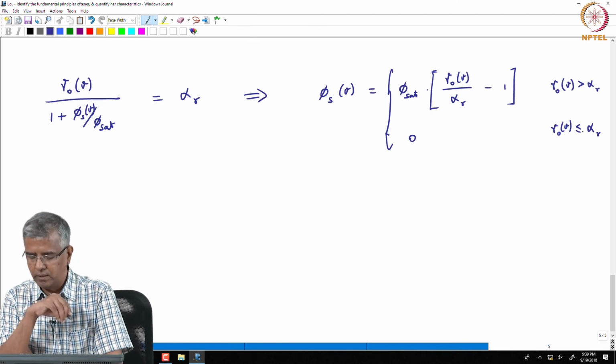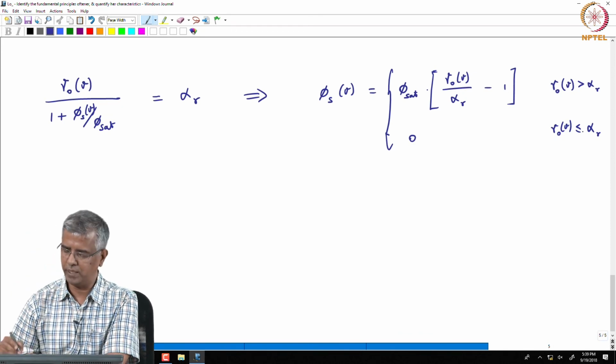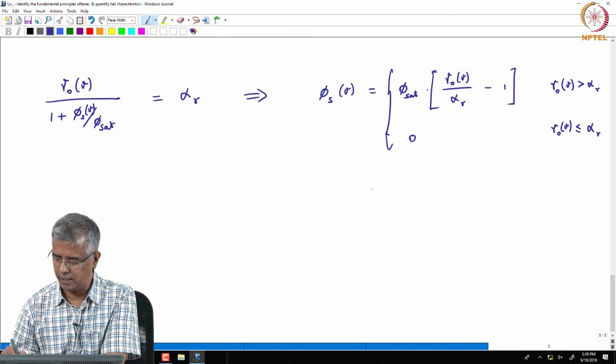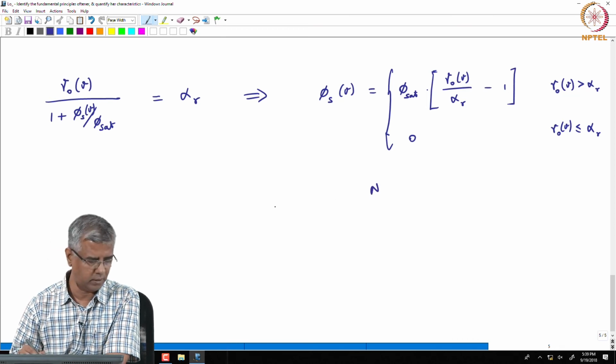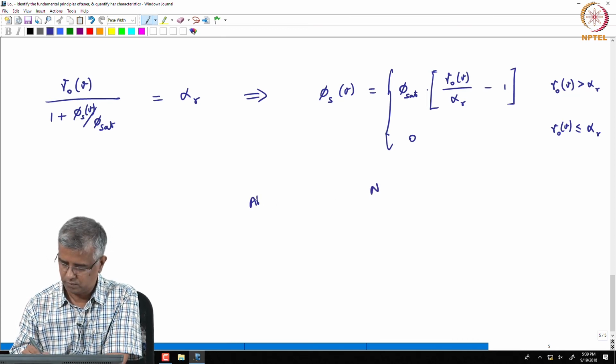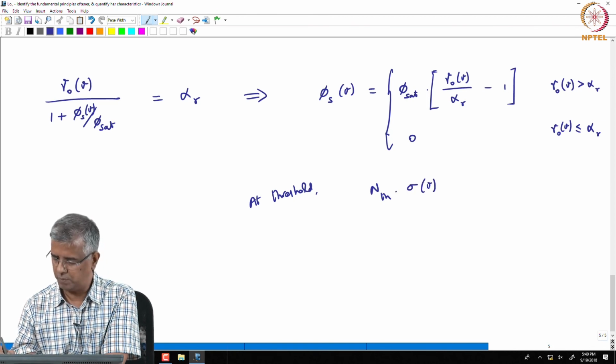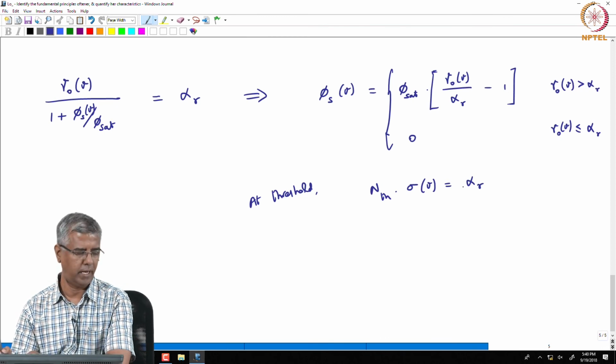So, now I can write this slightly differently, since we have already seen that at the threshold, the threshold inversion multiplied by sigma of nu equals alpha r.